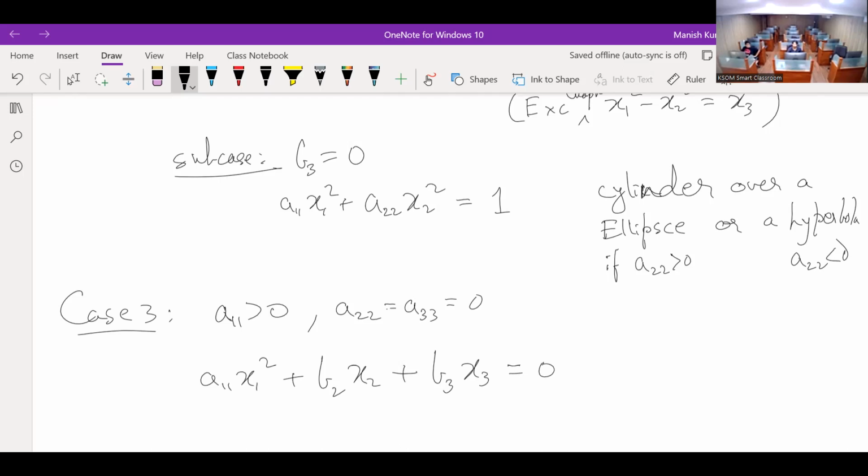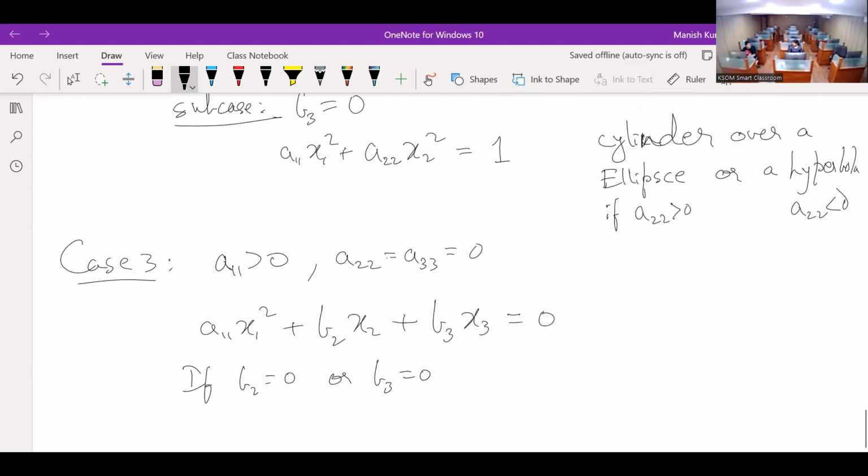And again, if one of B2 or B3 is 0, if B2 equals 0 or B3 equals 0, then it is a cylinder over a parabola. If both B2 and B3 are 0, then it's anyway degenerate, so we are not worried about that.